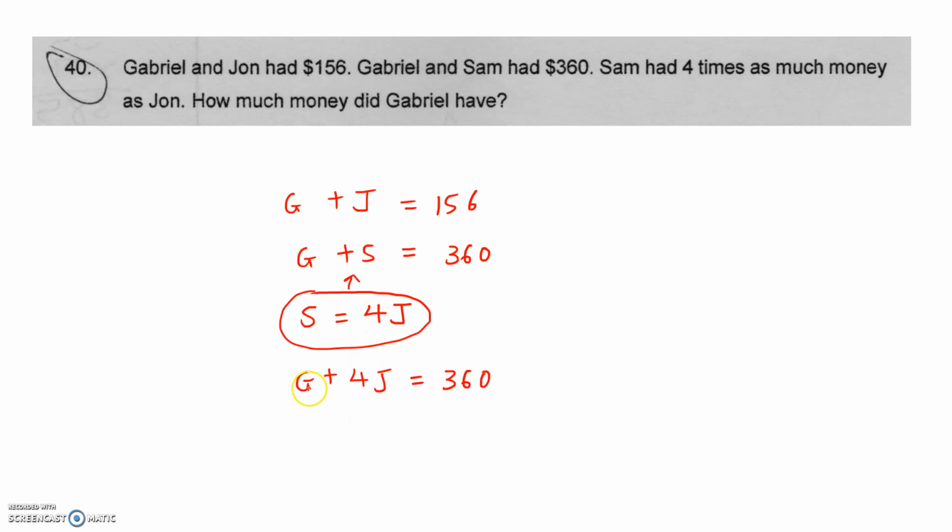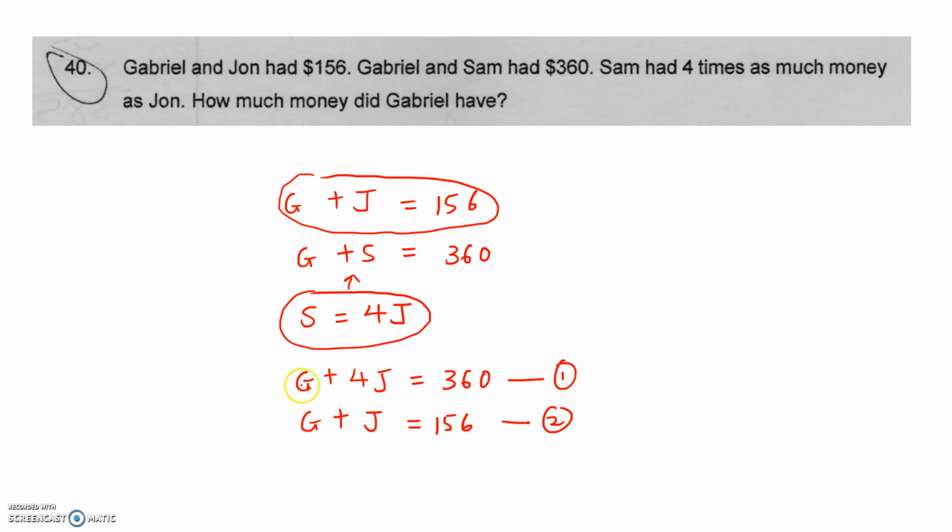Now then we have this equation, right? Then we take the J equation here, another J equation. We write below here: G plus 1J is equal to 156. Then you take equation 1 minus equation 2. G minus G, no G already. 4J minus J will give you 3J. 360 minus 156 will give you 204.